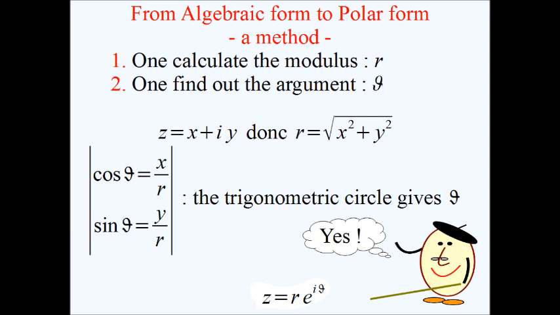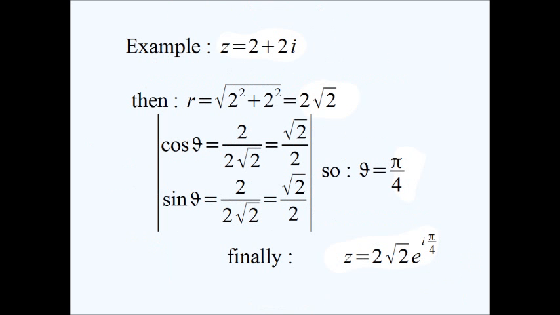Important to know how to obtain a polar form. You see that first we calculate the modulus and then we obtain the argument with the trigonometric circle. One example here.